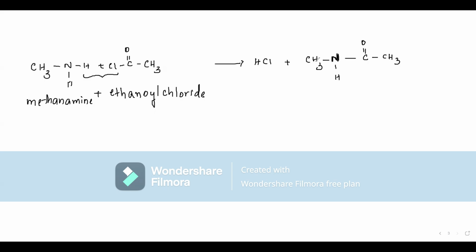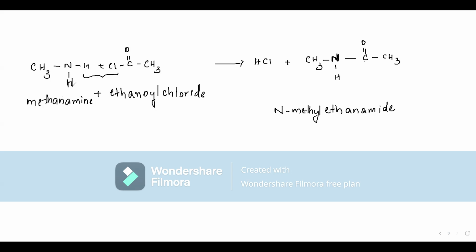Whatever alkyl group is on nitrogen, name it first. N-methyl. The rest is the parent. Parent has 2 carbon. It is an amide. So, ethanamide, N-methyl ethanamide. So this is with a primary amine.